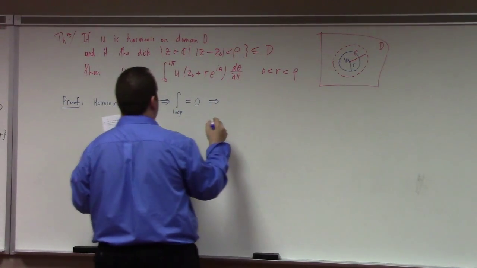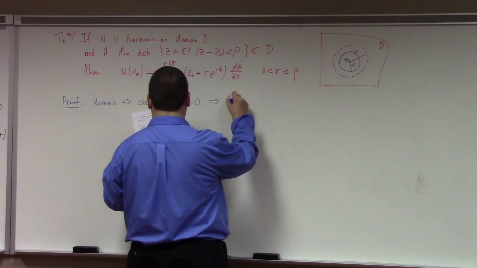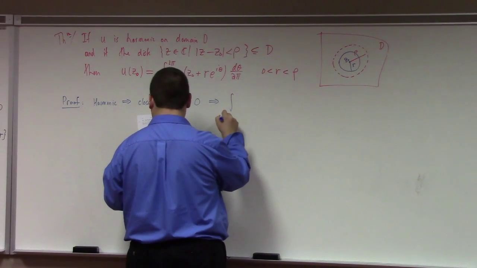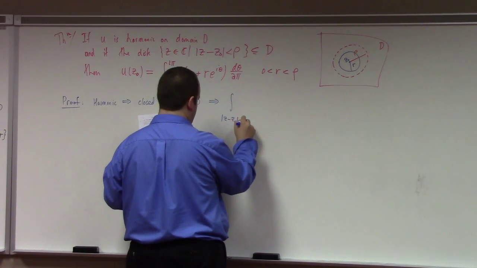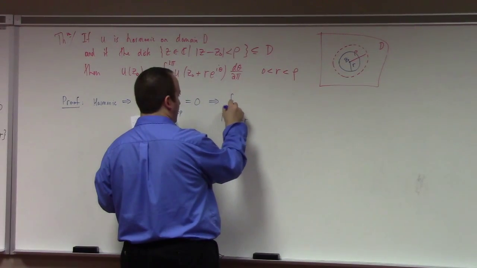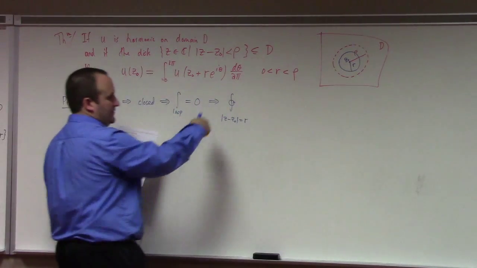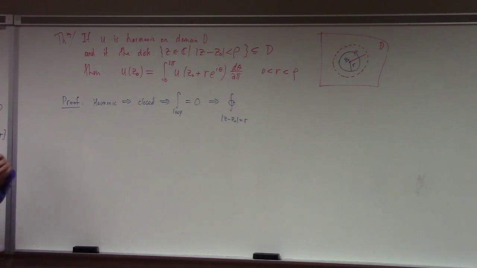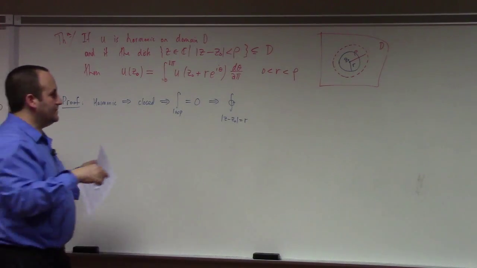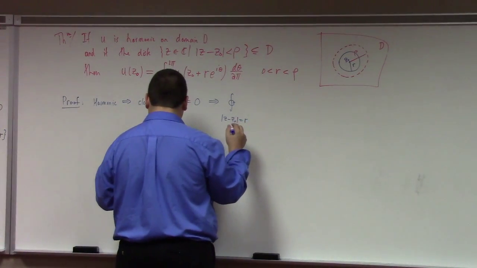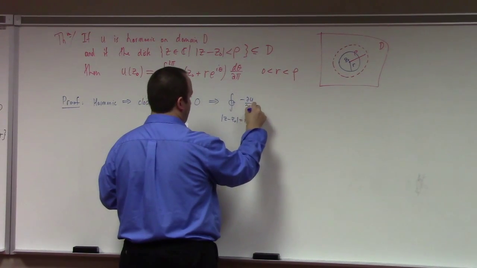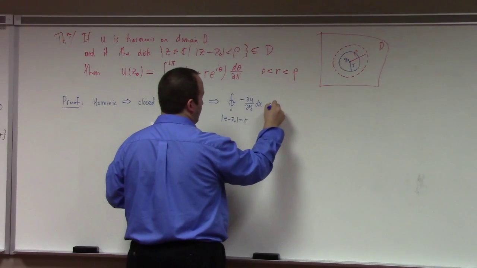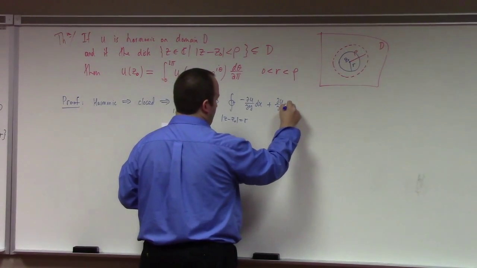In particular, the loop I'm talking about is the circle of radius r, and we'll orient it counterclockwise, as usual. So this is notation for the integral around the circle of radius r centered at z naught, counterclockwise. In which form? The one we've been looking at earlier today: minus partial u, partial y dx, plus partial u, partial x dy.